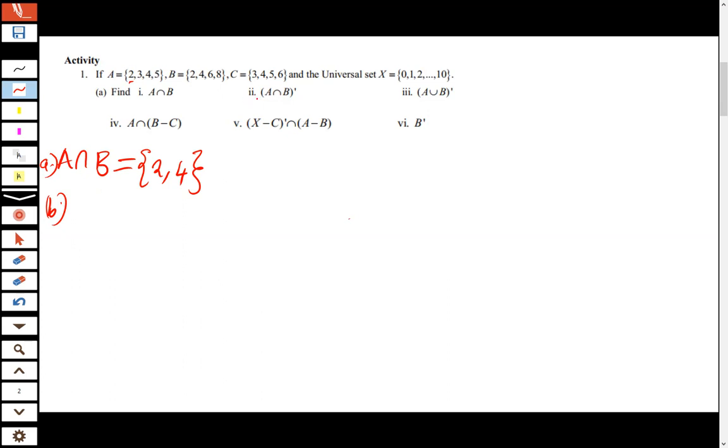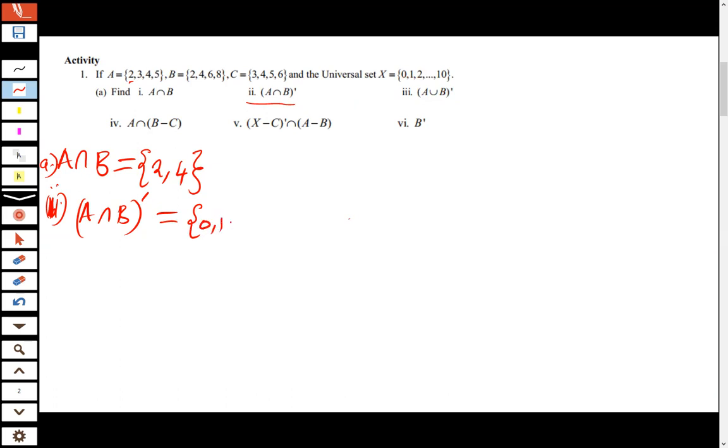Okay, so let us look at part B, which is part 2 of the question. This one is (A intersection B) complement. So (A intersection B) complement is simply listing the elements that are not in the intersection, but are present in the universal set. We know that the universal set is from 0 to 10, and the intersection is simply 2 and 4, meaning we're going to list numbers starting from 0.